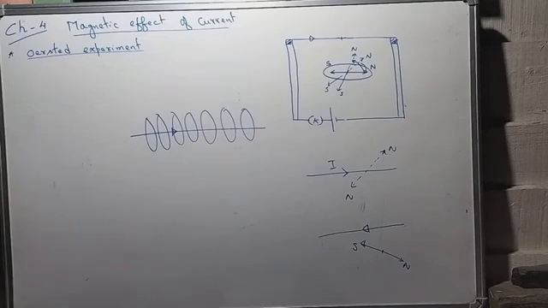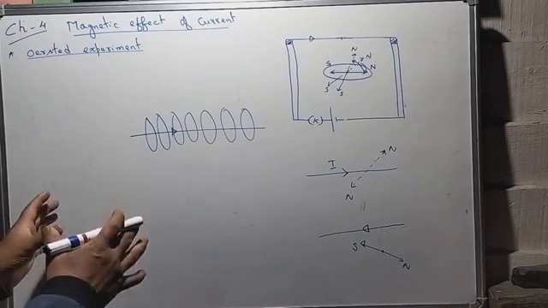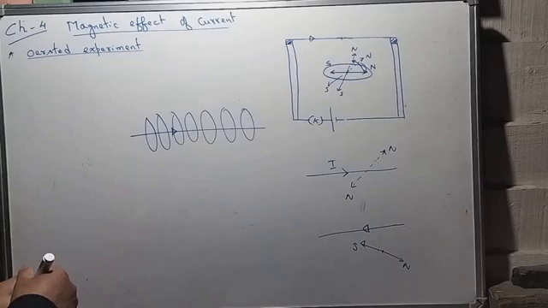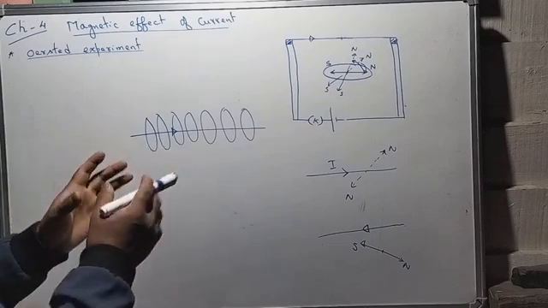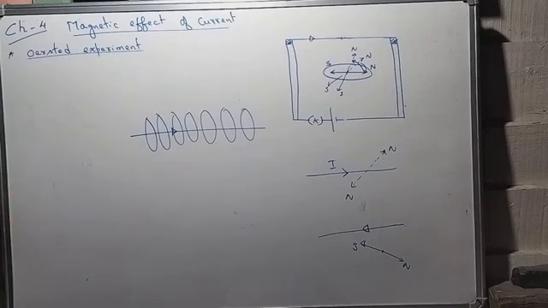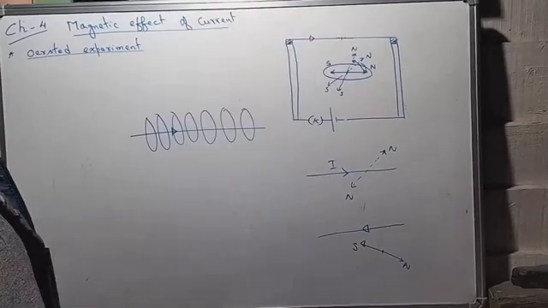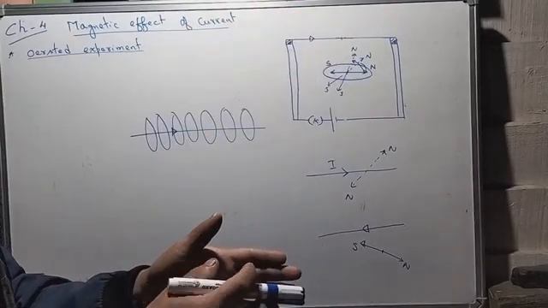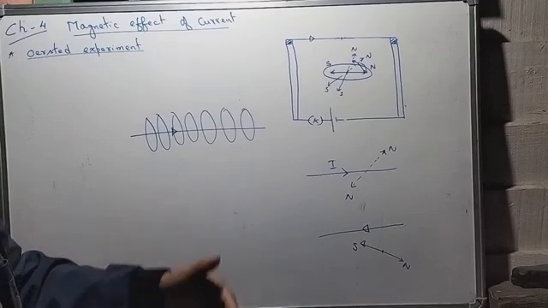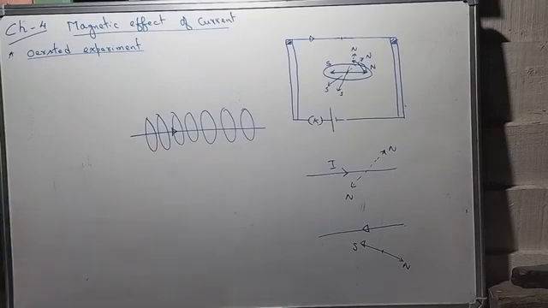And the fourth conclusion is that a charge at rest always produces an electric field. But when the current is passing through the conductor, it means charges are moving. So when charges are moving, we get a magnetic field.